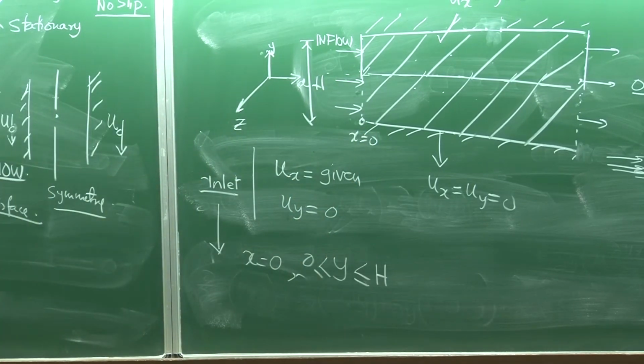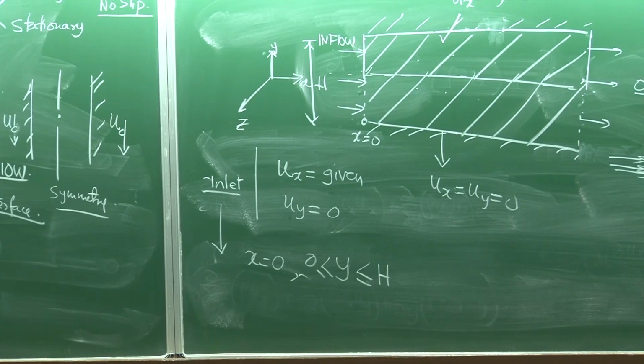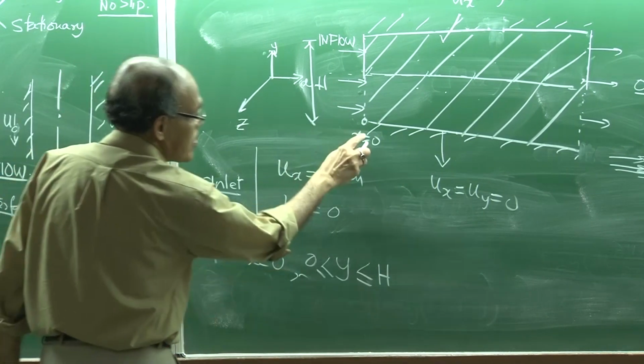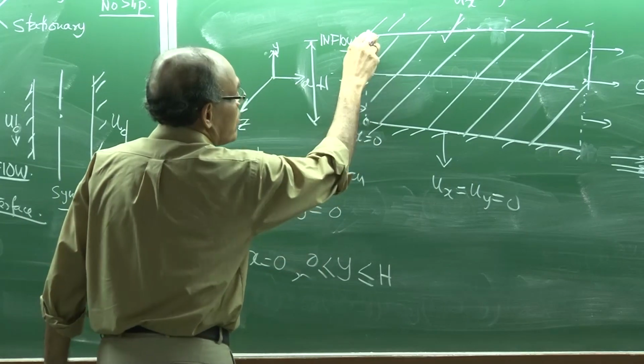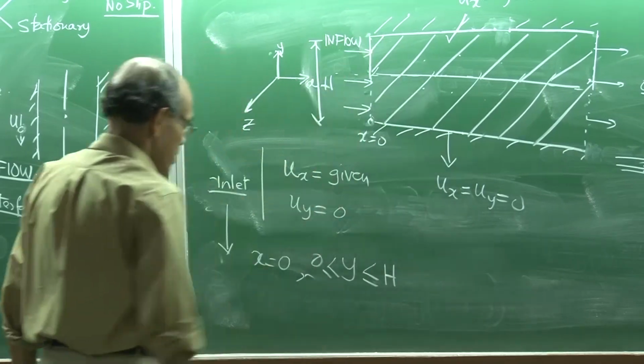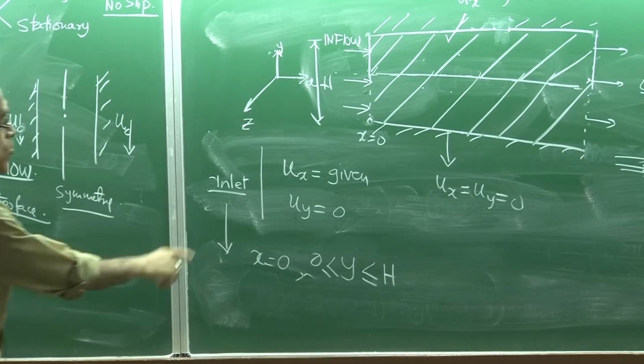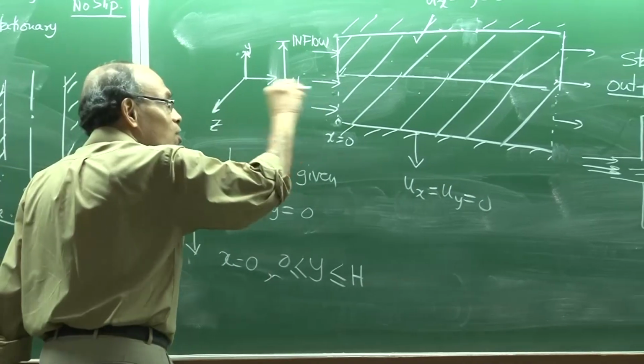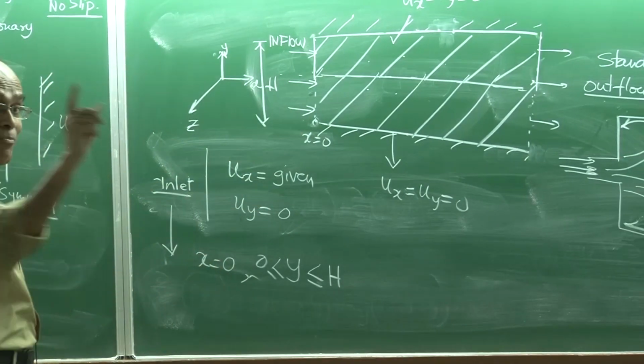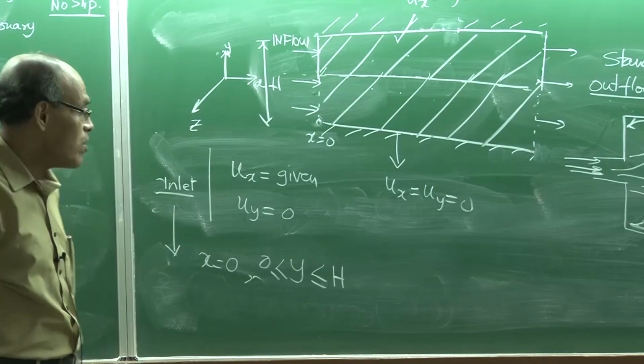I am not invoking any symmetry conditions. So at x equal to 0, for all values of y, on this line segment, ux, the normal component of the flow, is given, which I have measured with the flow meter, and uy is equal to 0.